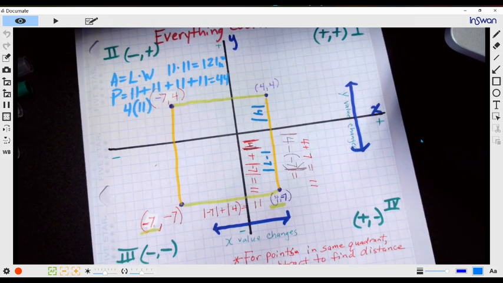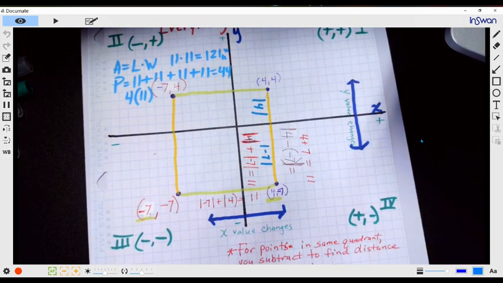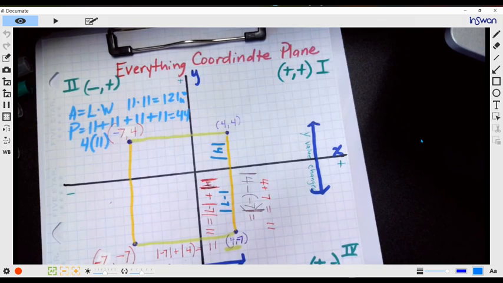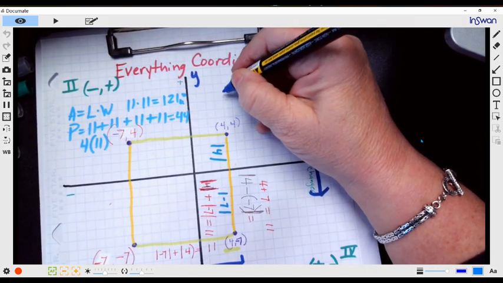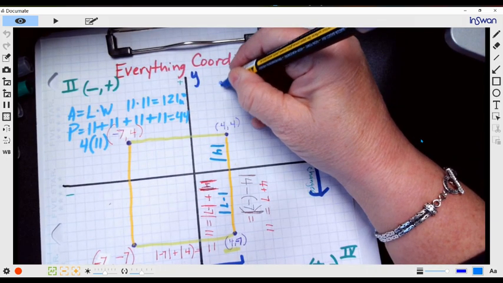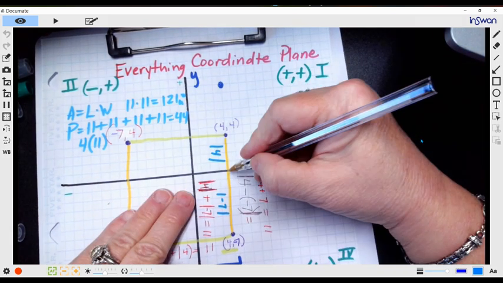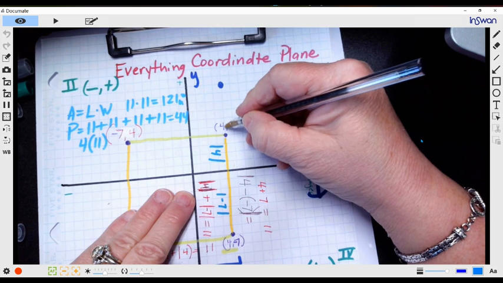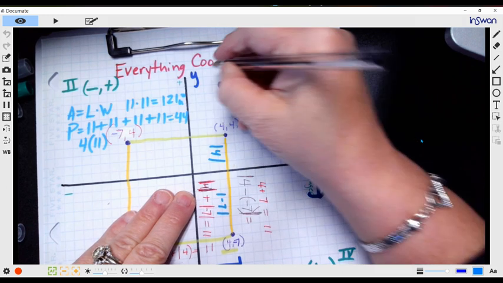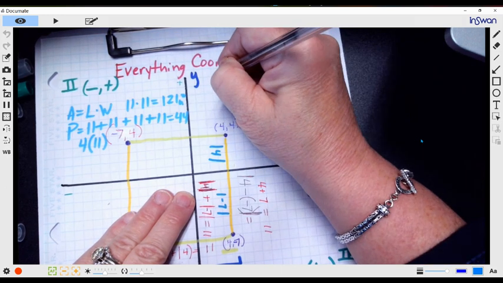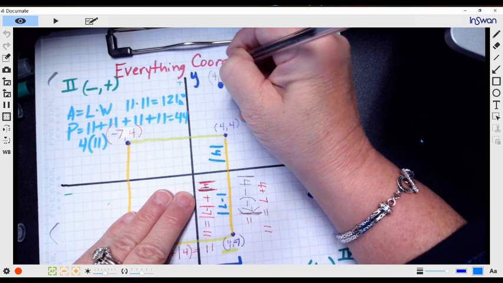If my other point is, let's say, still at 4, but I have it a few units above my original point of 4, 4, that point is still going to have X as 4, but it's going to be 5, 6, 7, 8, 9, 10. This point is going to be 4, 10 for its location.